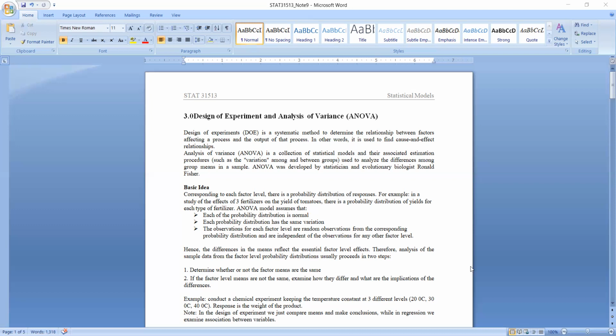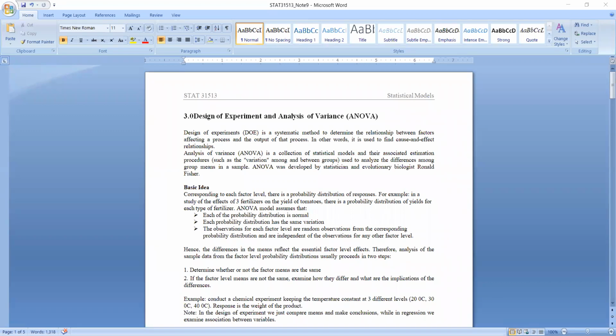Our treatment is the temperature. We are changing the temperature and checking the effect. So our factor is the temperature, and here we have 3 levels, that is 200, 300, and 400.